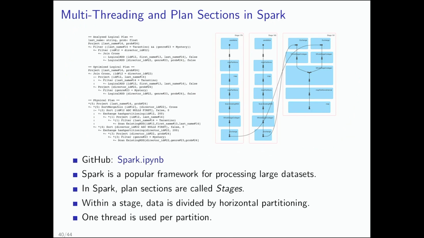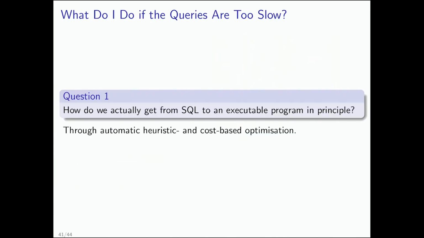There are logical plans, physical plans, plan segments, and multi-threading exactly as explained. That's super useful to profile those plans, understand if there are performance problems, what is going on, and whether you can improve those plans.